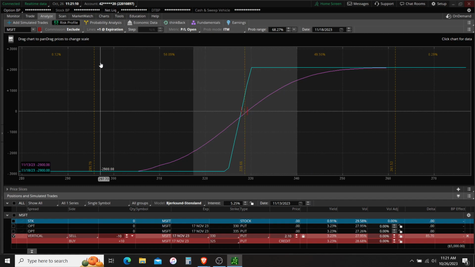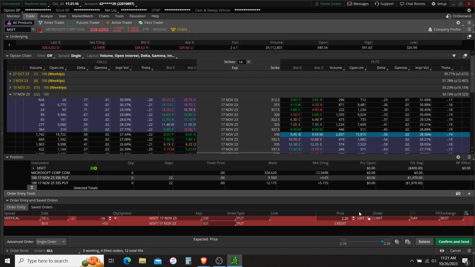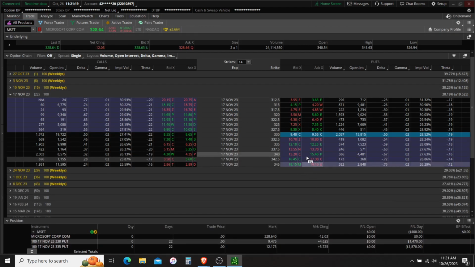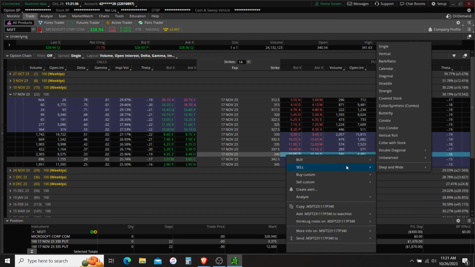So that's basically the gist of it. They're very powerful. Another thing is you can change your risk reward as well, if you go further into the money. I chose the 330 last time. Let's do 340. In this case, we're really bullish on Microsoft.